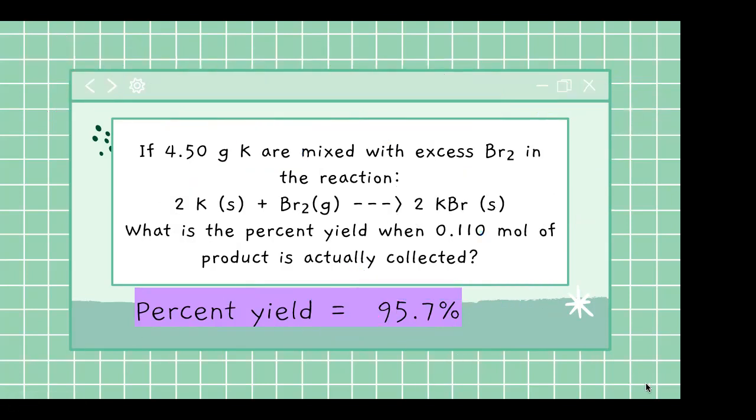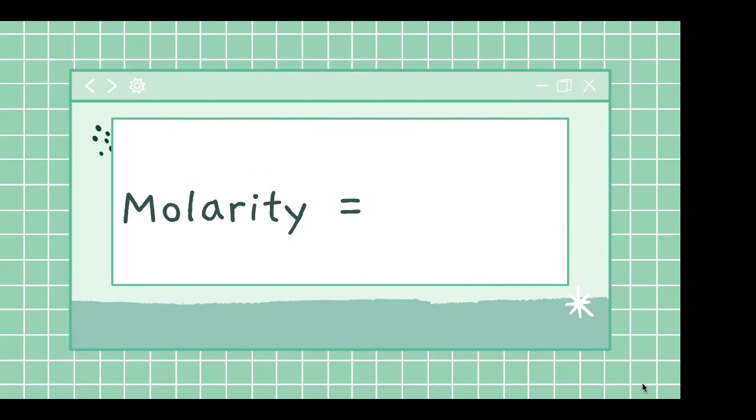I'm so sorry. But yeah, so next topic is molarity. A lot easier, I believe, than the percent yield problems. So just as a starter, a reminder, what is the formula for molarity? Moles per liter. Okay, yeah, so that is the units.